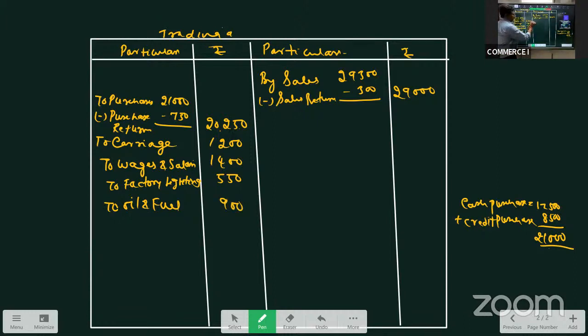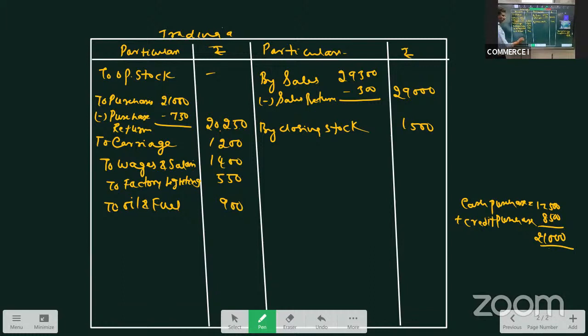And closing stock is given as, by closing stock, 1,500. Opening stock is not given. Okay, it can happen. If the firm is a new firm, they just started in the financial year, there will be no balance in the opening stock, not an issue. So we are done with writing all the items.